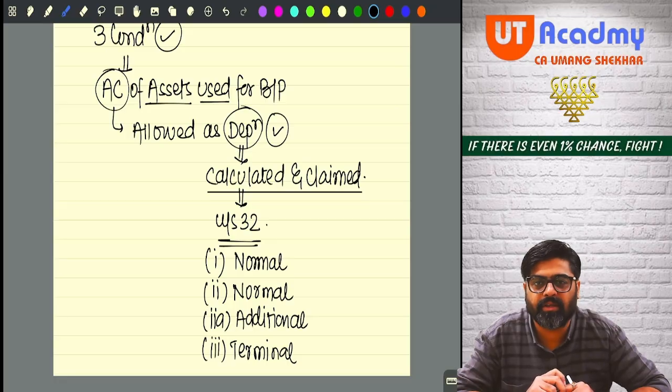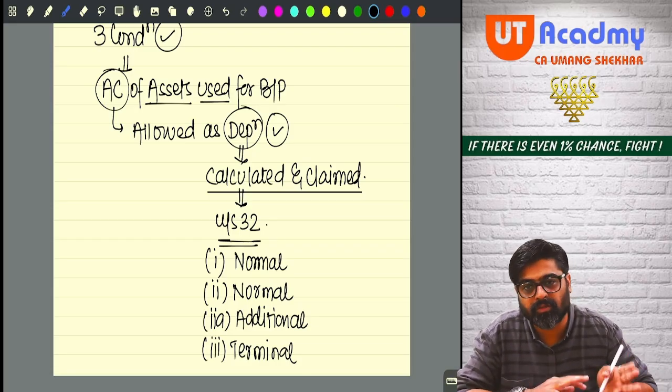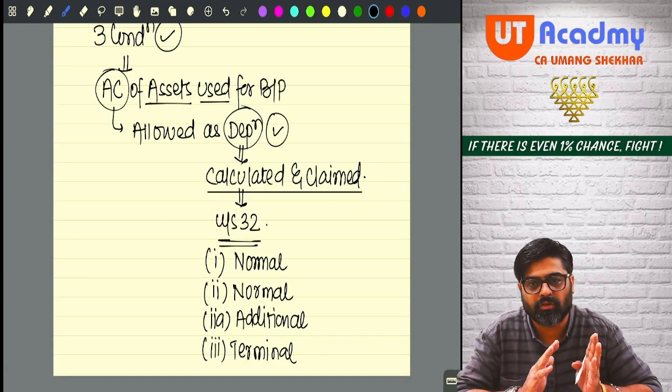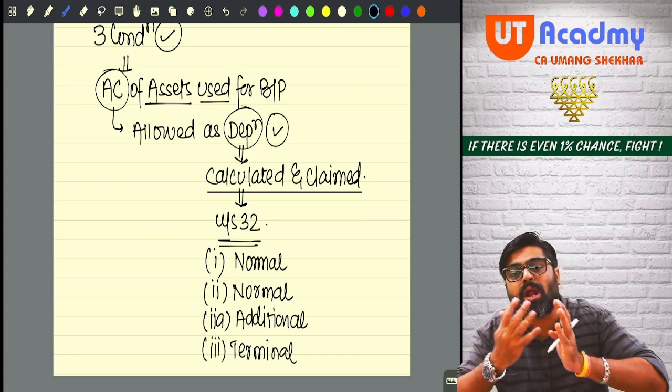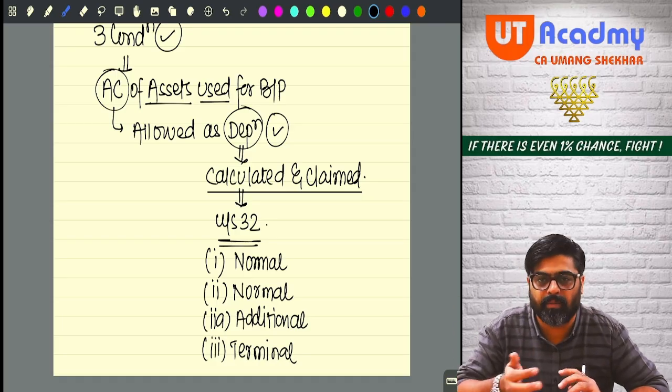See, additional depreciation is not a new type of depreciation. It is a depreciation only, but allowed additionally. In addition to the normal depreciation, this much extra normal depreciation you will get. So some extra normal depreciation allowed to you is known as additional depreciation. Yes or no?